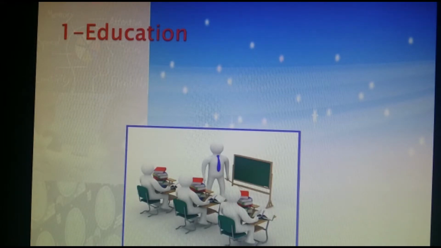Because cognitive rehabilitation, as we mentioned earlier when we defined it, is like a teaching and learning strategy. So you should have some learning and teaching skills in order to be a good cognitive rehab therapist.